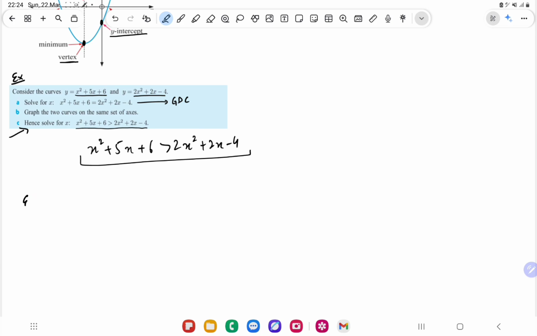Now let's take another example like y equals 2x square plus 8x minus 10. For this quadratic function, we can calculate intercepts, minima point, vertex, y-intercept, everything using GDC. So let's see.